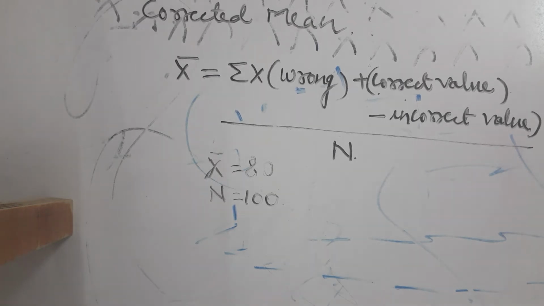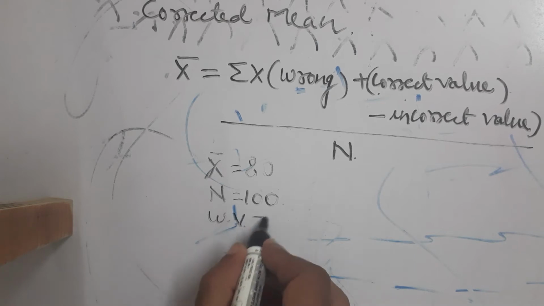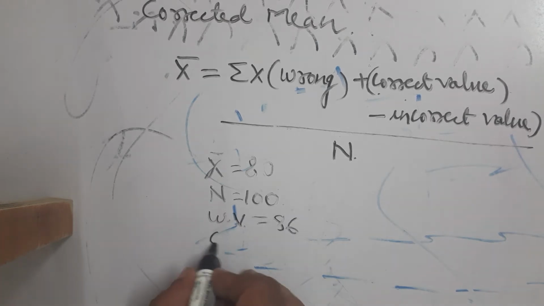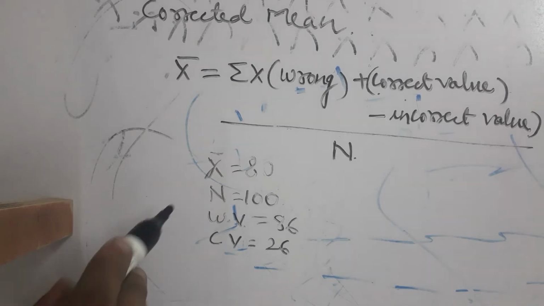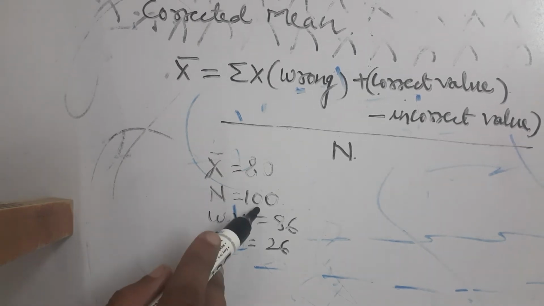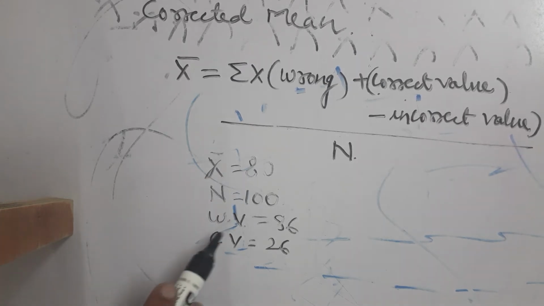So the wrong value is 86 and the correct value is 26. Understood? Now we have got the mean marks of 100 students, n equal to 100, is 80. So x bar is 80. The wrong value was read as 86 instead of 26, so 26 will become the correct value.